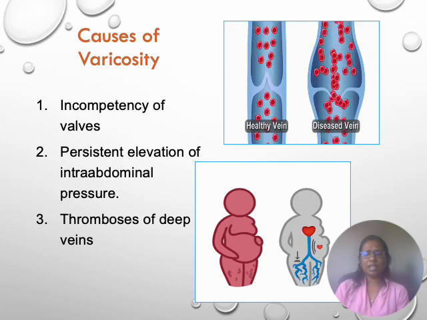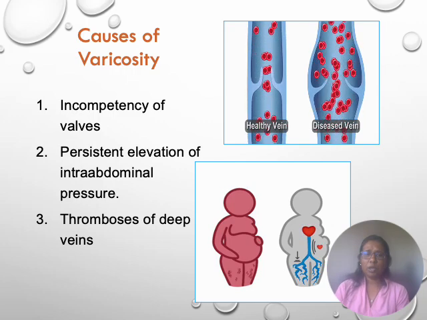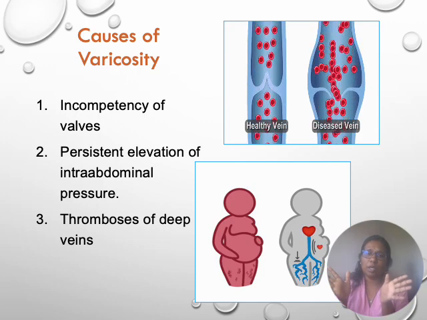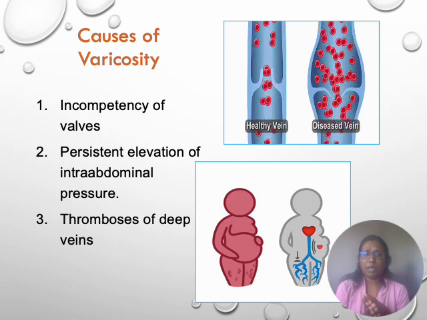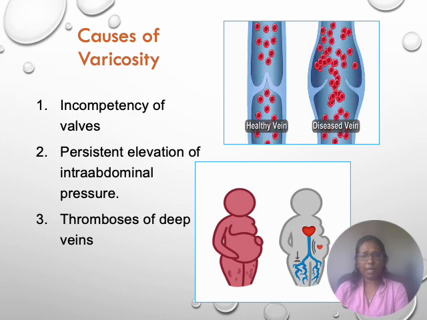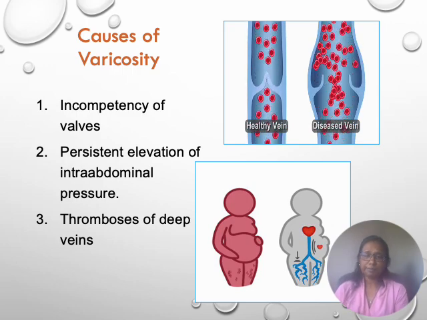In all these scenarios, the problem is it puts a lot of pressure on the inferior vena cava. Inferior vena cava is the ultimate vein into which the entire venous blood of the lower limb will be reaching. So whenever pressure is put on the inferior vena cava, the venous blood will flow back, leading to pressure within the saphenous vein, which in turn leads to varicosities.